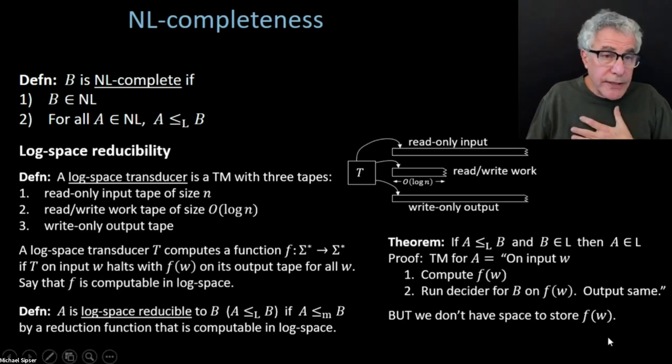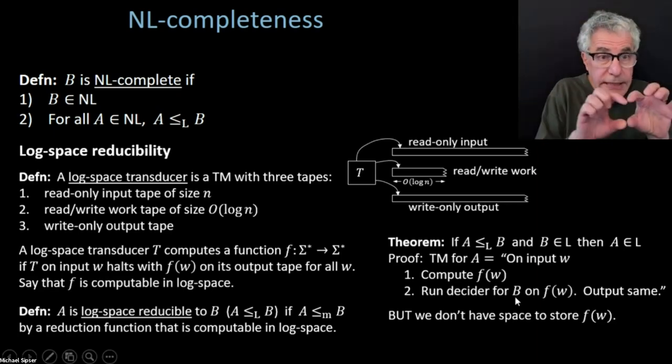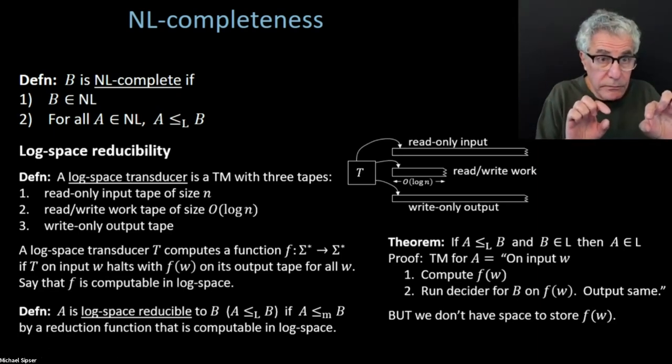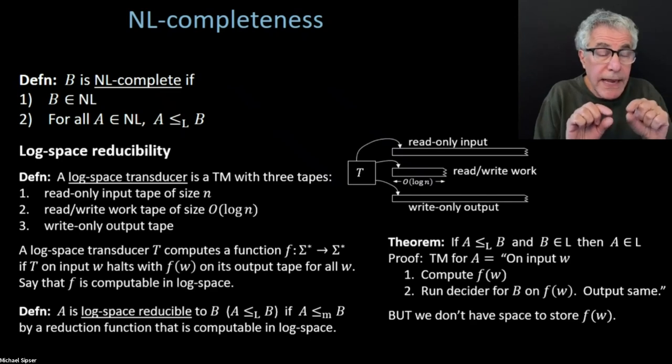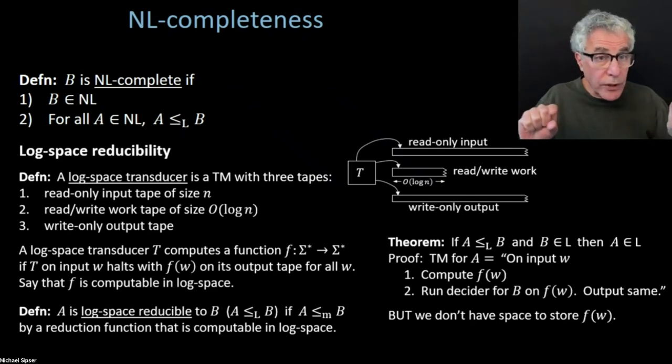So what we're going to do is the following. The decider for B, which needs f of w because it's deciding if f of w is in B, doesn't need all of f of w sitting there in front of it all at once.